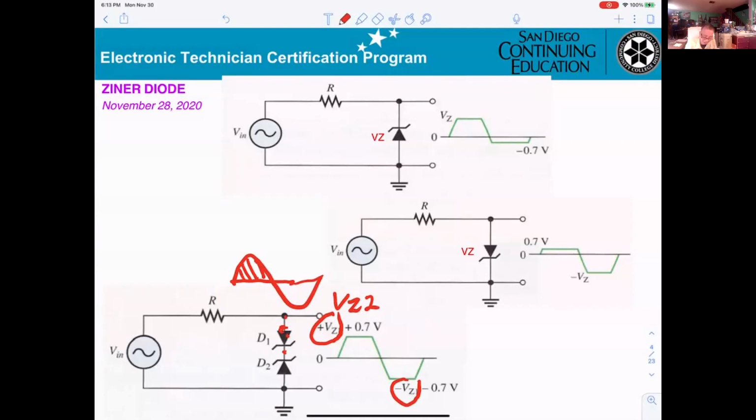No, D2. D2 will break down. So that's why this has to be VG2. However, for this one here, you get positive here and ground here, so it just turns on. So this will be positive here, negative here. So that's why it's plus 0.7.